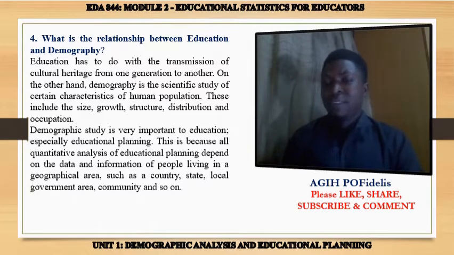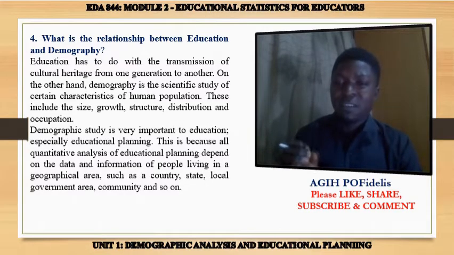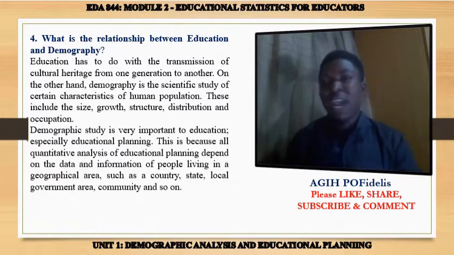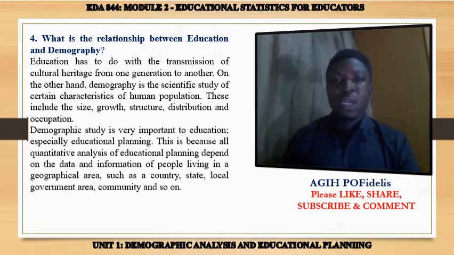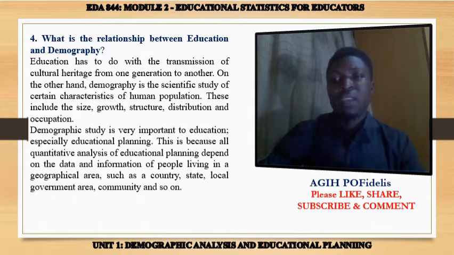On the other hand, demography is the scientific study of certain characteristics of human population. This includes the size of the population, the growth of the population, the structure of the population, the distribution, the occupation of the citizens of a society or nation. These are the things we discuss when we talk about demography.